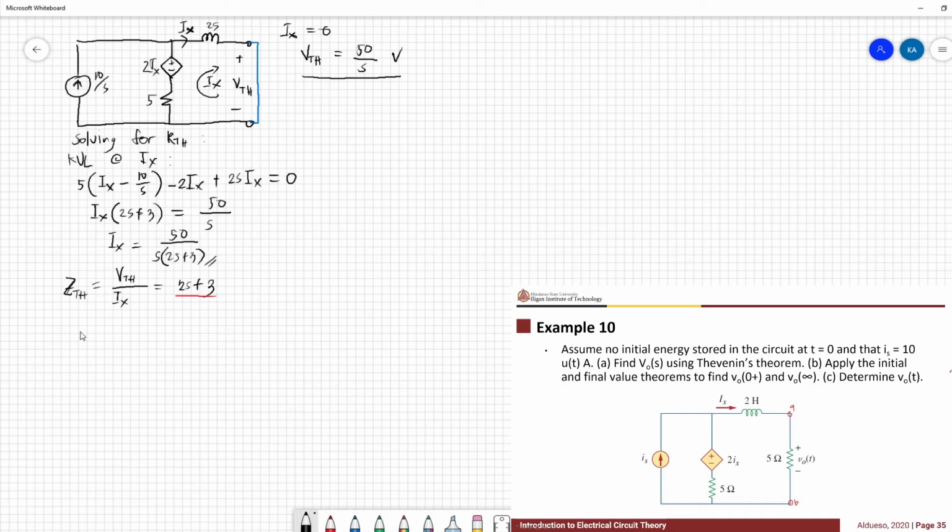Now we can draw our equivalent circuit. This is VTH in series with ZTH, and we can connect our 5 ohm resistor, and we can solve for Vo.